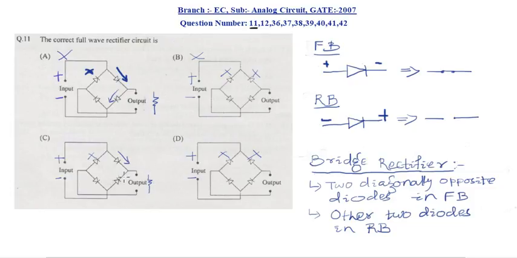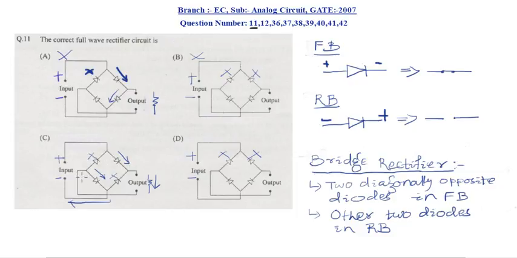This one will obviously be reverse biased, so the current will be allowed to flow through the load resistor along this path. Again this diode will be in conduction, and the current will go like this and circulate.